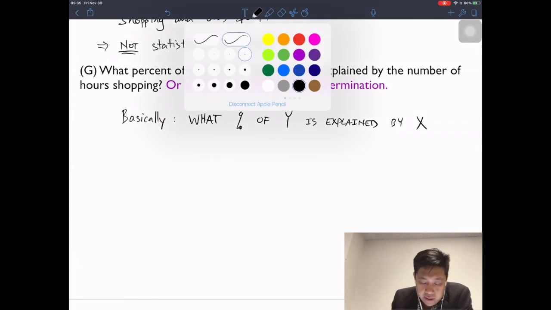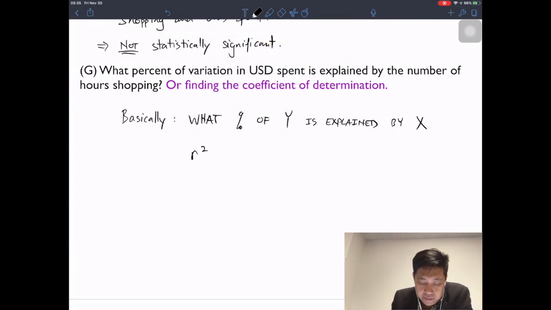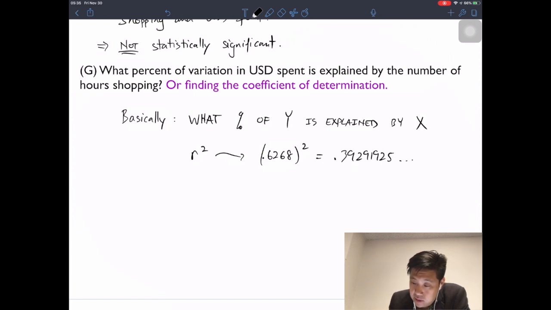It's basically r squared. So you take 0.6268 and you square it, and that's the answer. I did it in advance, so this answer is 0.3929192 dot dot dot, and basically it's 0.3929, so it's about 39%.